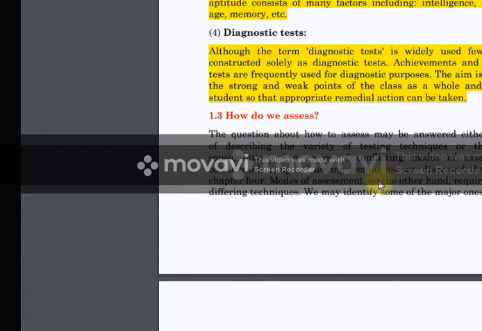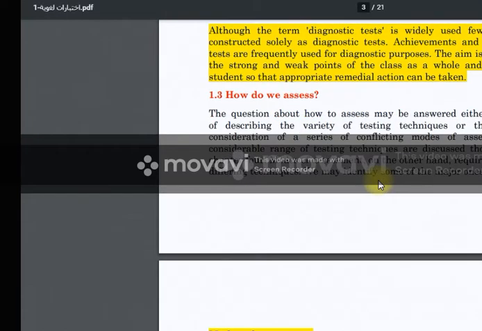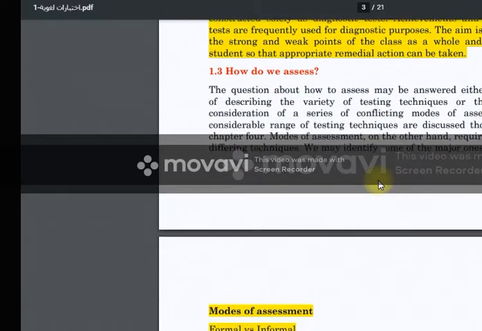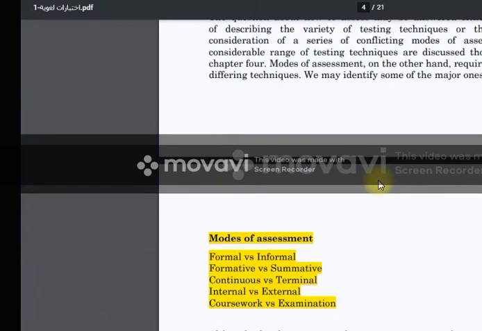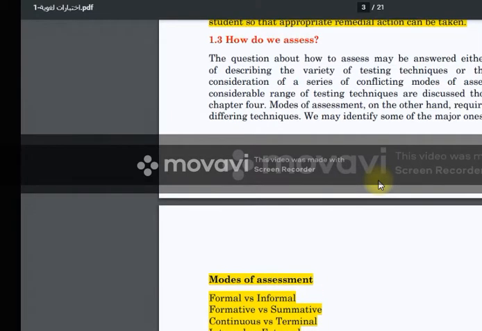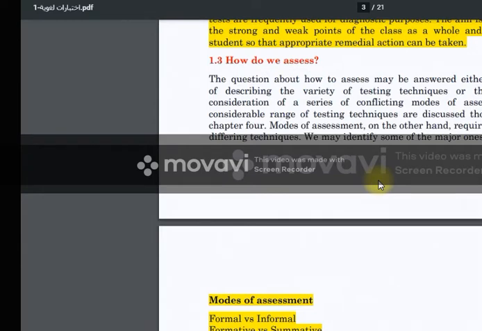Summative assessment is the type of test which is conducted at the end of the semester only. So we can easily differentiate between summative and formative assessment based on the time of conducting a test.